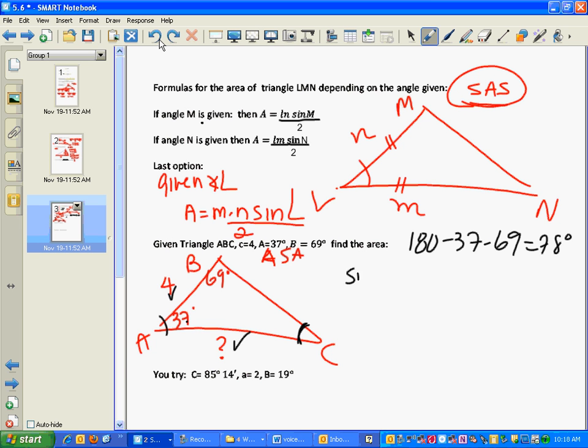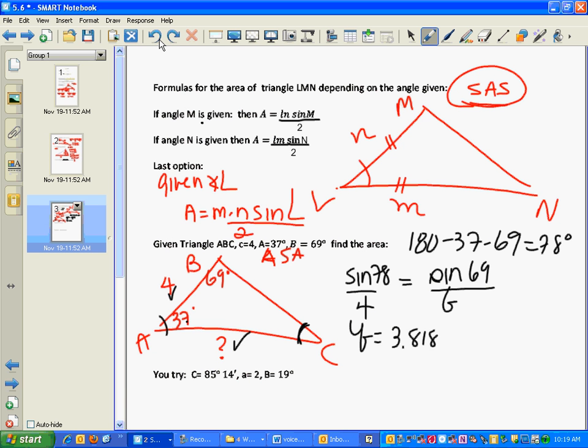And so I can say the sine of 74 divided by side 4 is equal to the sine of 69 divided by side B, which I'm looking for. So then B is going to equal 4 times the sine of 69 divided by the sine of 74, which is 3.818.